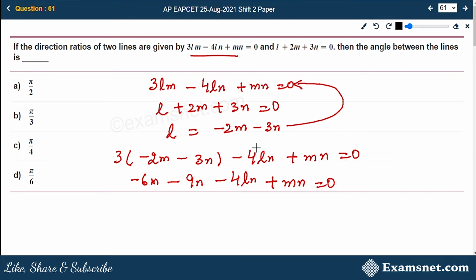Okay, so this is 3mn, lm, so m is also here, so sorry for that. So this will be 6m square, m into n plus 8, this 4ln will.